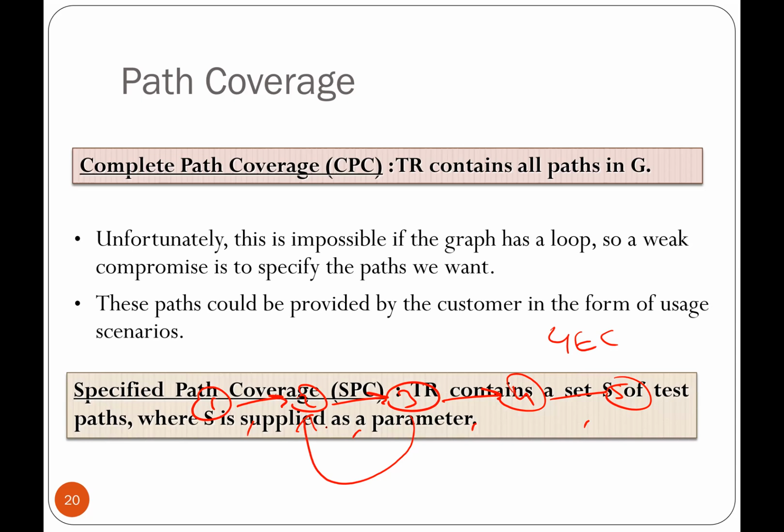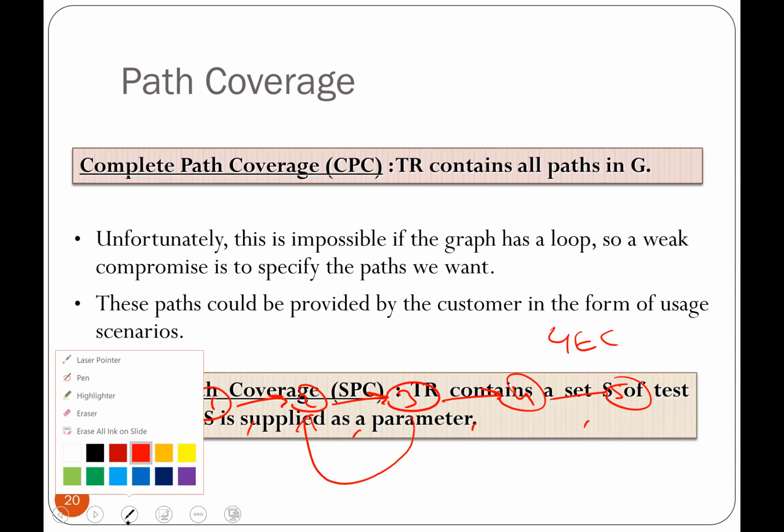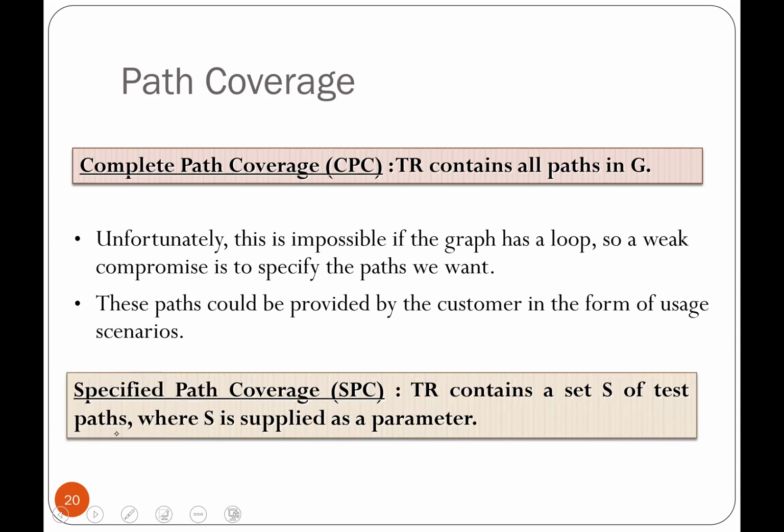One way we can handle this is we use something called specified path coverage. Specified path coverage is basically a situation where I'm sitting down with my customer, my analyst, my design experts, and I say, okay, let's just cover those particular paths because these are the ones that I'm expecting to be executed 90% of the time by the users of the software.